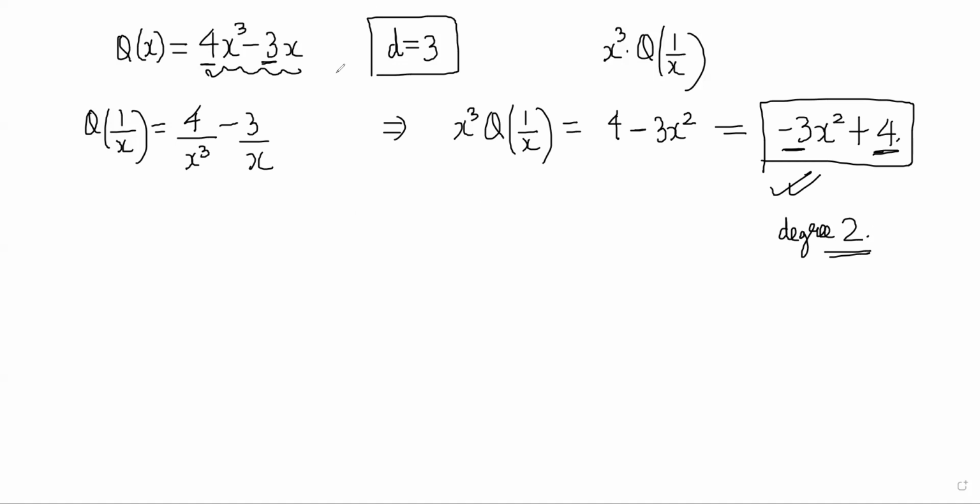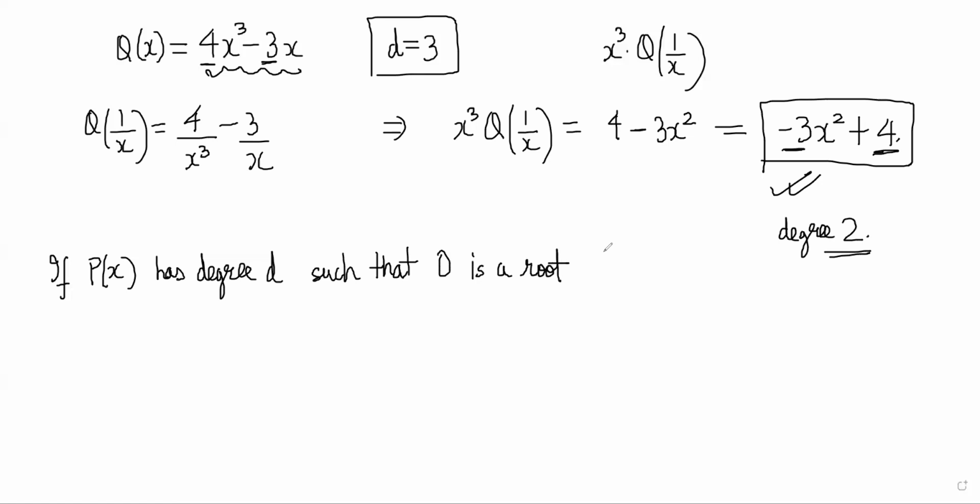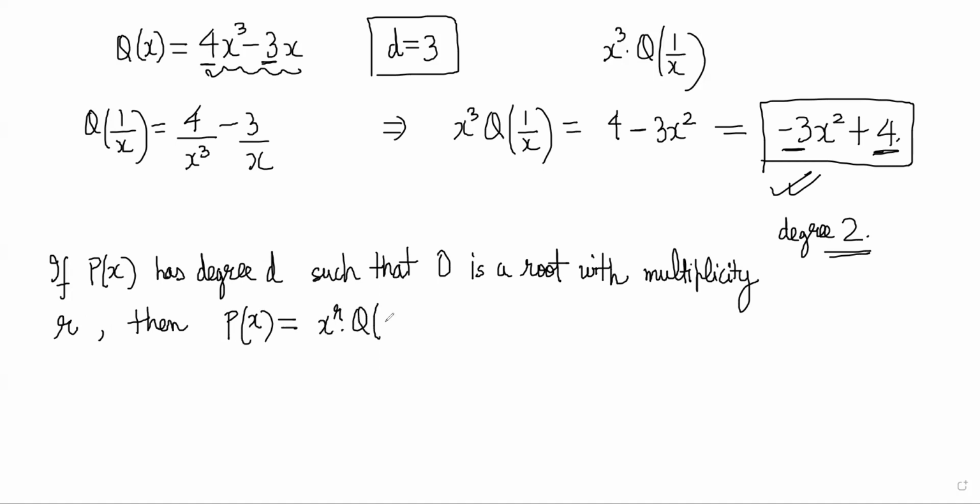So basically the idea is that if the original polynomial p of x has degree d such that 0 is a root with multiplicity r, then p of x is equal to x power r times q of x, where q of 0 is not equal to 0.